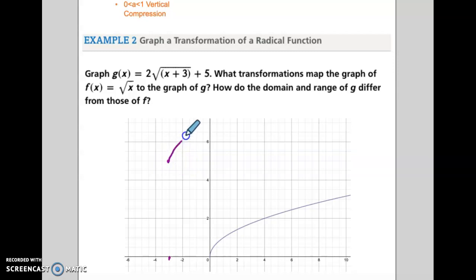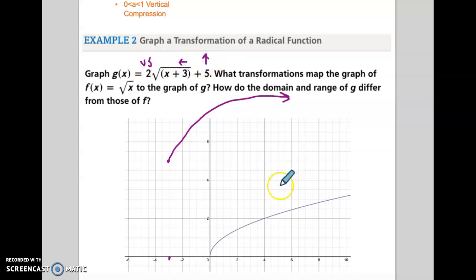And it's a vertical stretch, which means it just has more, see how it's steeper, right? There's a bigger curve to it versus if there wasn't a vertical stretch. So I just listed 3 transformations: vertical stretch, left 3, opposite of what we think, and up 5.